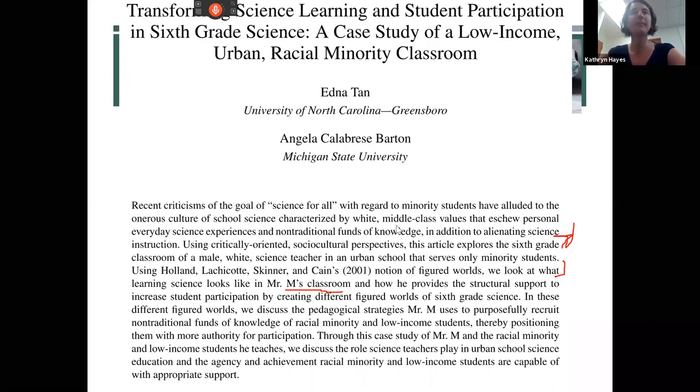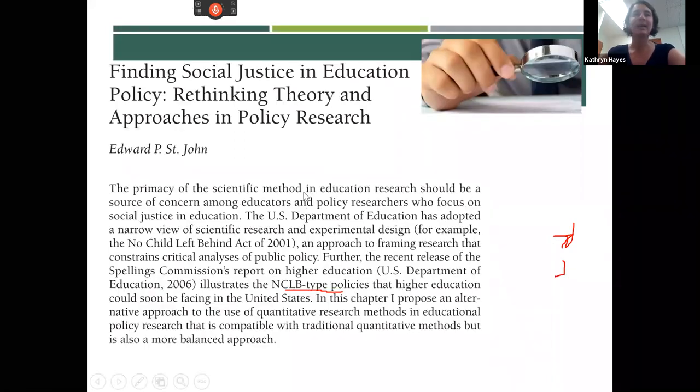Now this one, which we're also reading, says the primacy of the scientific method in educational research should be a concern among educators. Sorry, I've got this super annoying annotation to deal with.